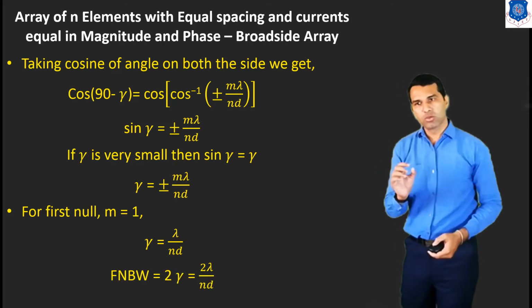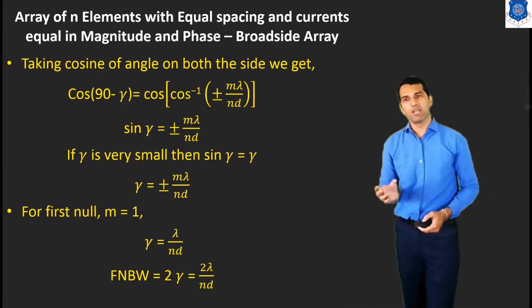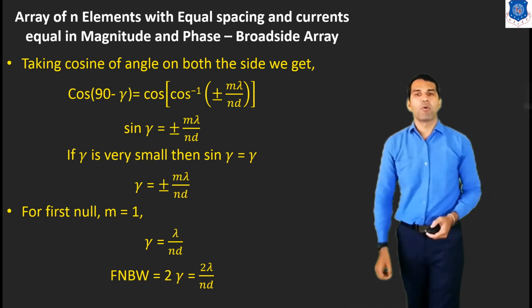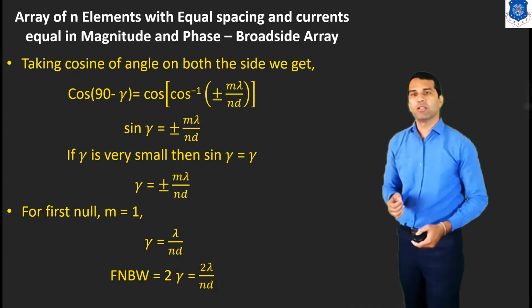So the first null beam width, FNBW, equals 2λ/nd. This is the FNBW for the broadside array.